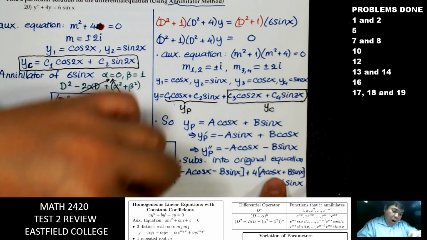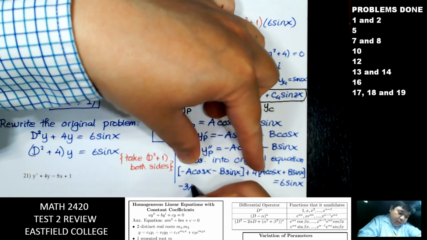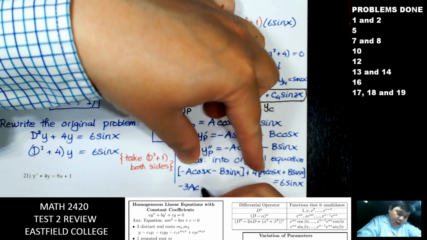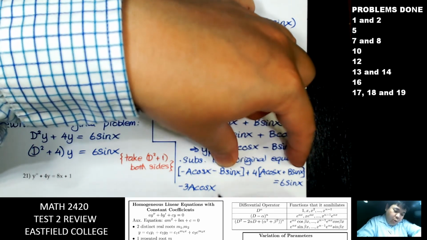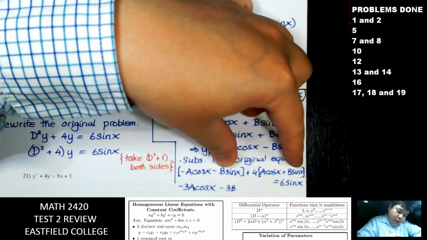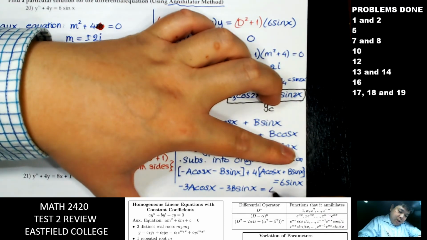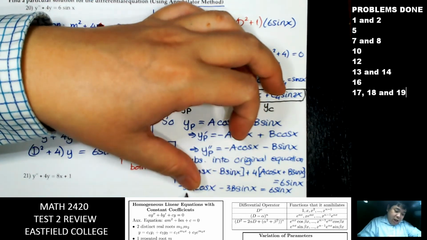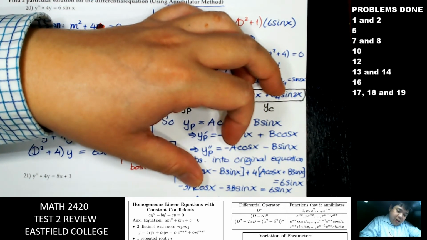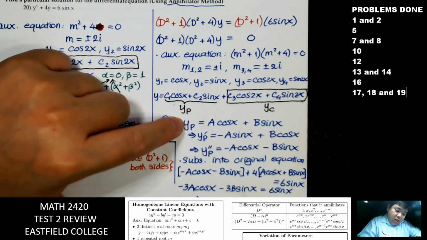Combine this, we have negative 1 plus 4, so negative 3A cosine x. Negative B plus 4, so negative 3B sine x. And that equals 6 sine x. So it's clear that A is 0, and B is negative 2. And the particular solution is in this form.